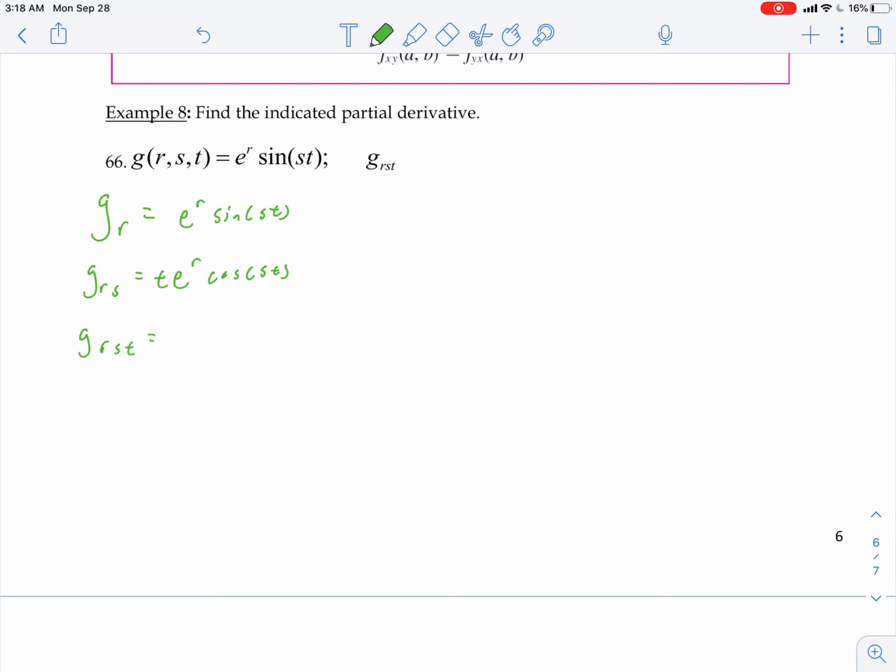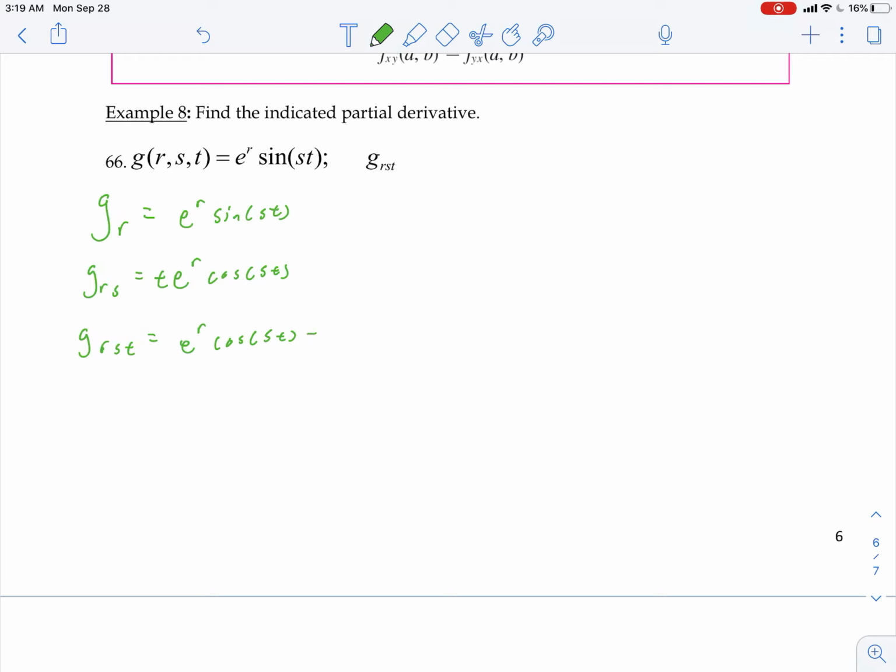Alright, and now all we need to do is take the derivative of g sub rst, which is fun because now we have the product rule. So taking the derivative of e to the r with respect to t, the derivative of the first times the second, cosine st, plus the first times the derivative of the second.